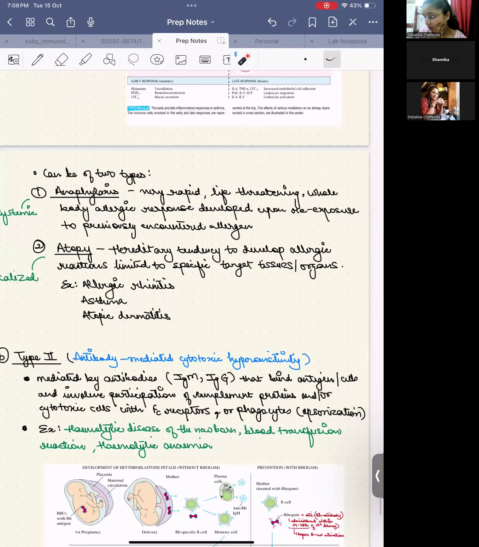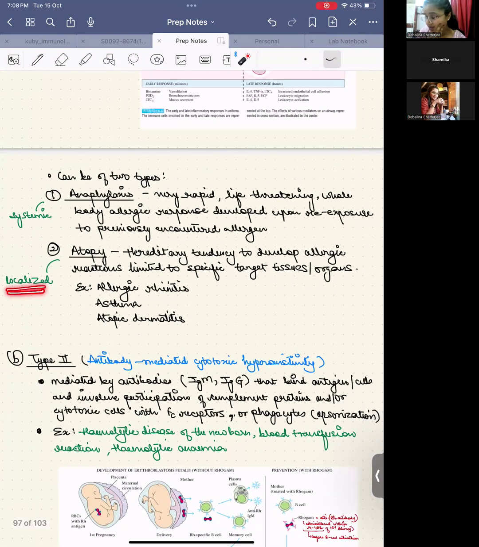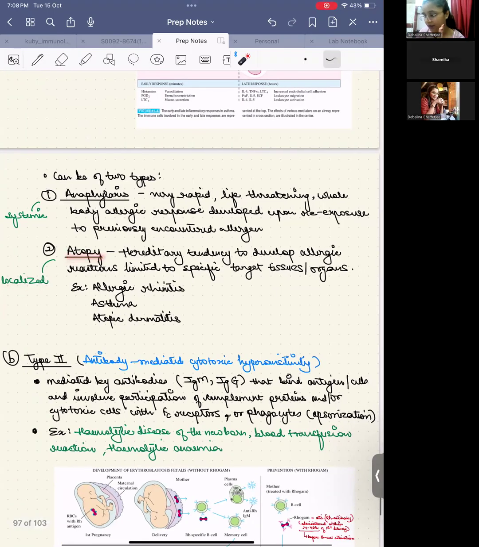And on the contrary, if we have a more localized sort of allergic response, that phenomenon is known as atopy, and usually it has a hereditary basis, right? The hereditary tendency to develop allergic reactions specific to certain target organs or tissues only is known as atopy. So asthma, that we have all heard about and learned about at some instance, is a type of atopy reaction.